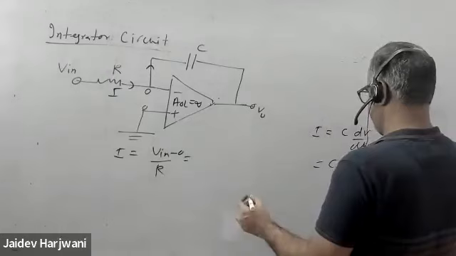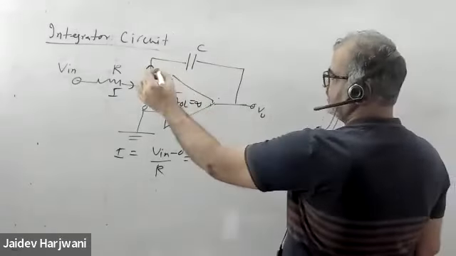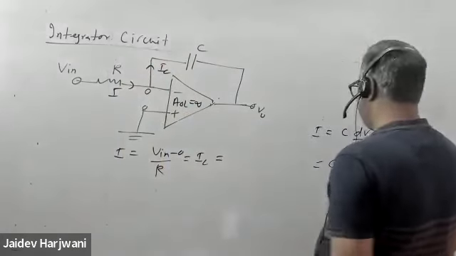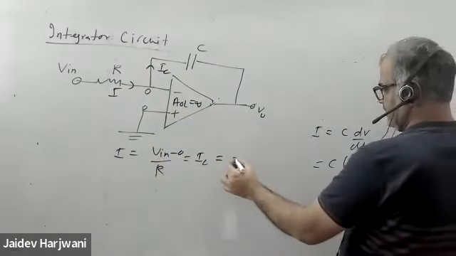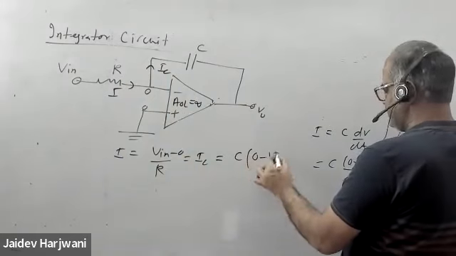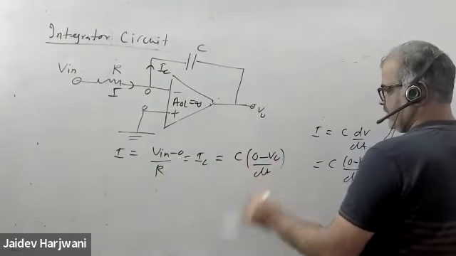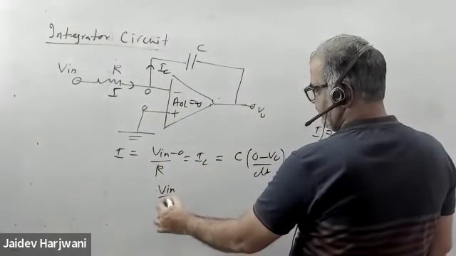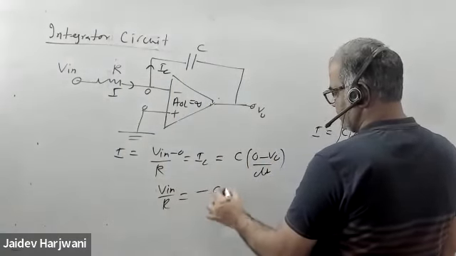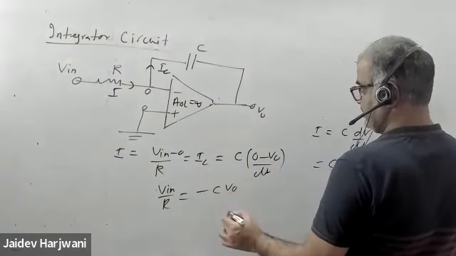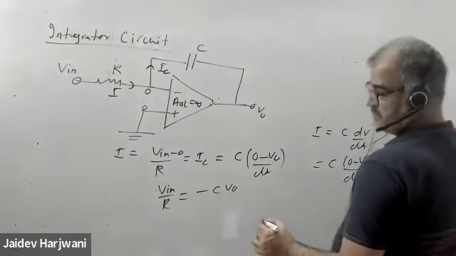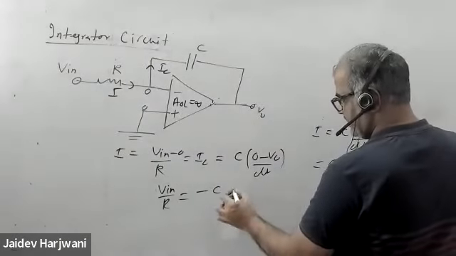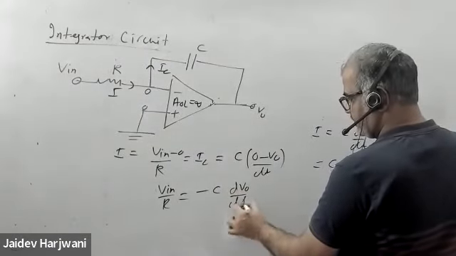Say this current I equals IC, and IC is C times (0 minus V0) upon dt. So V input upon R equals minus C dV0 by dt. So you write it as C dV naught upon dt.